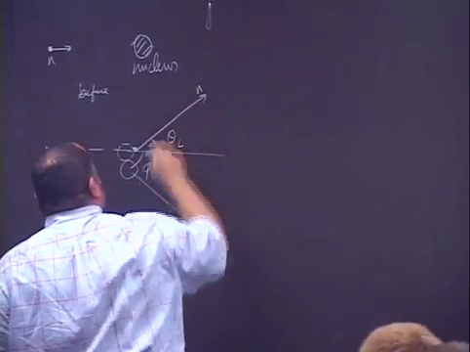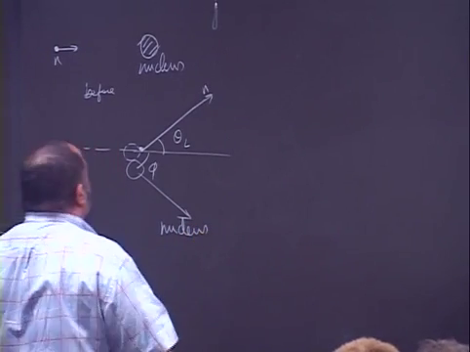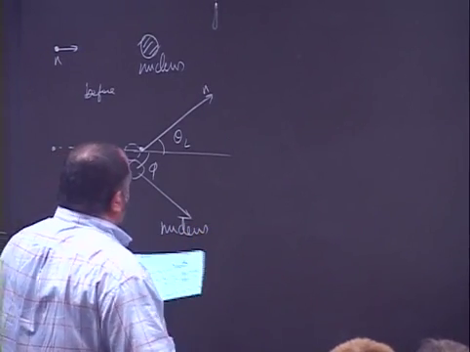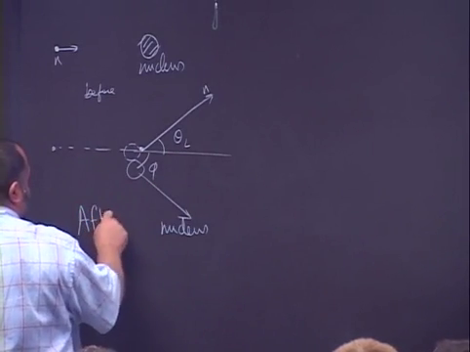This is the neutron, and this is the recoil nucleus, after the collision in the lab system.